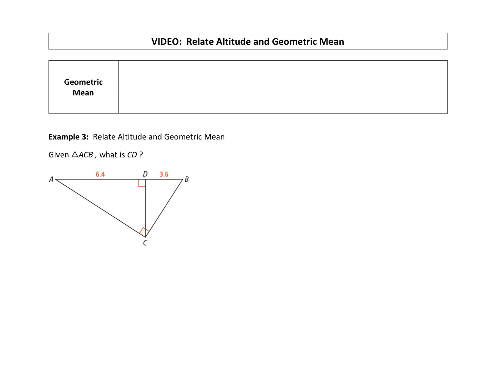All right, in this video, we're going to work with something called a geometric mean. So the geometric mean is, we're going to put in a definition, the number x such that a over x equals x over b, where a, b, and x are positive numbers.